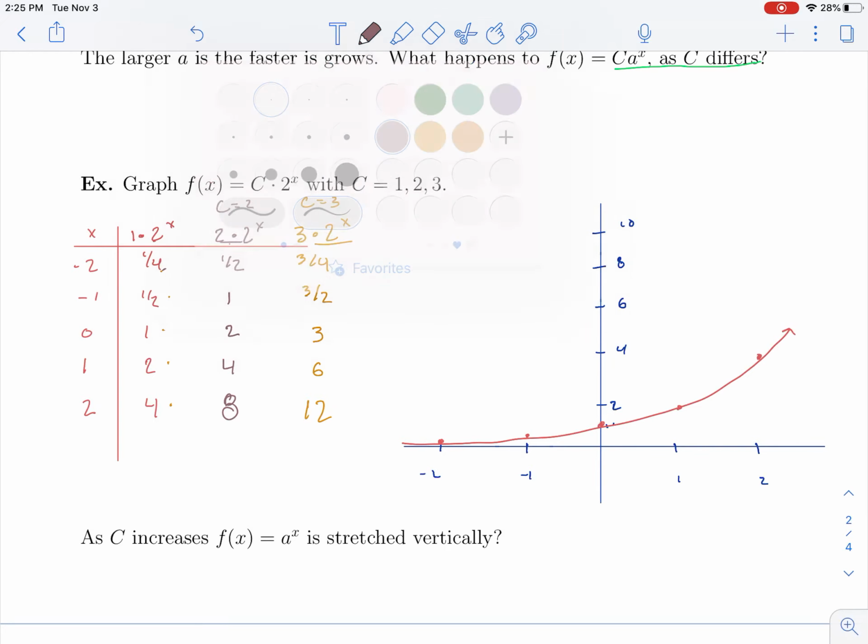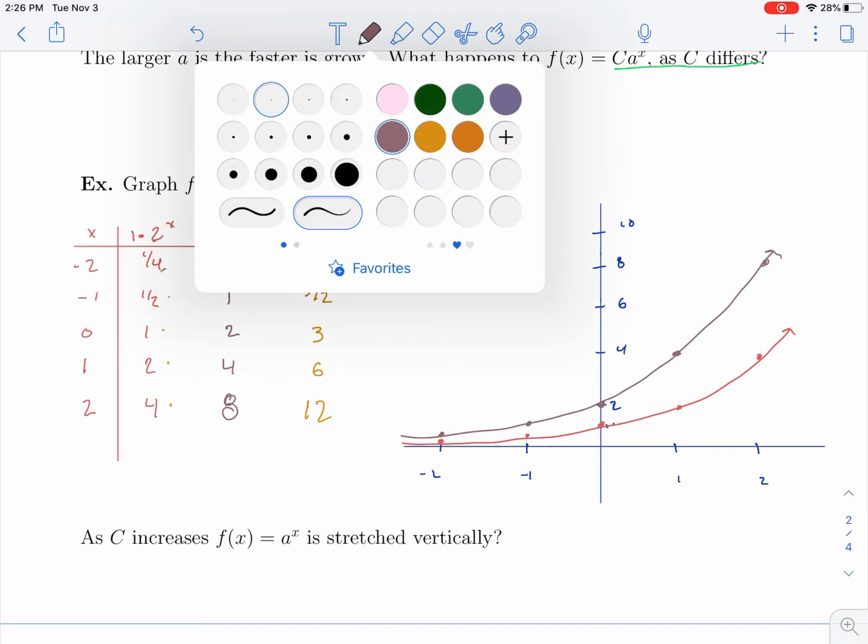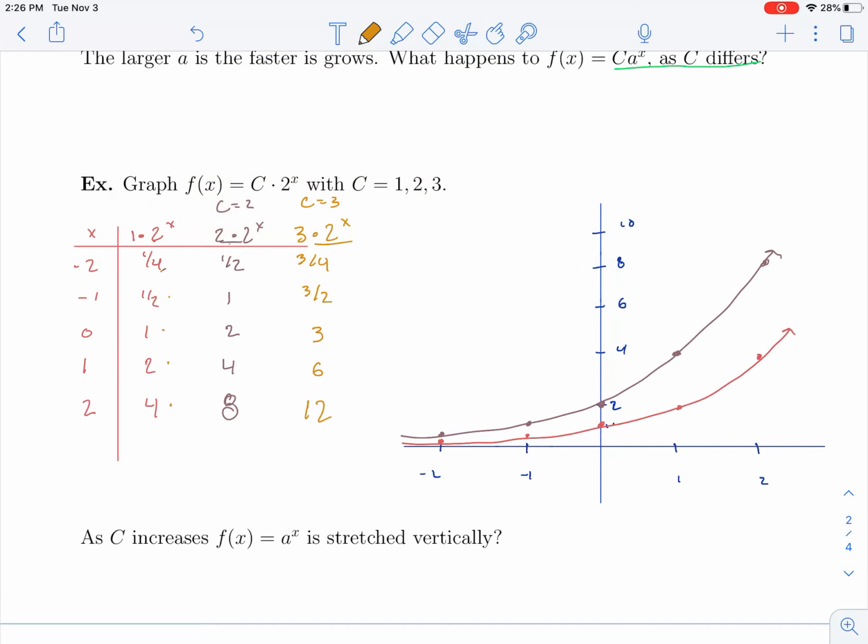And then it's going to be 1/2, 1, 2, 4, and 8. Act like that was a beautiful arrow.